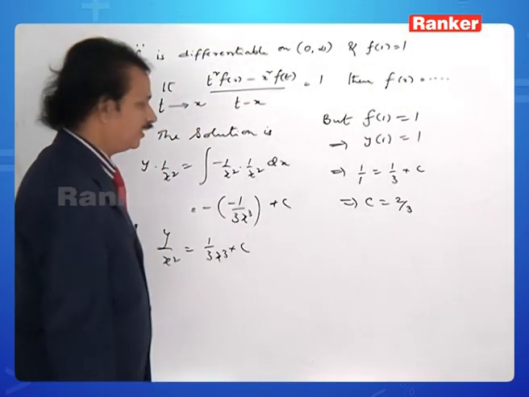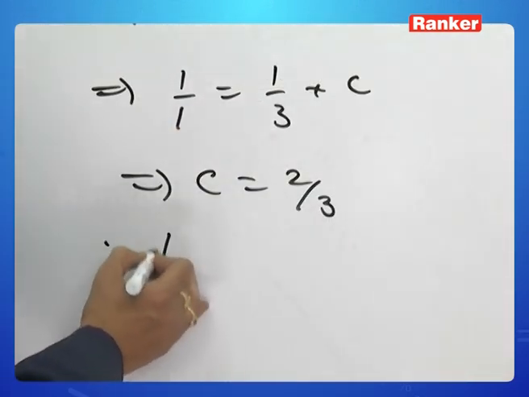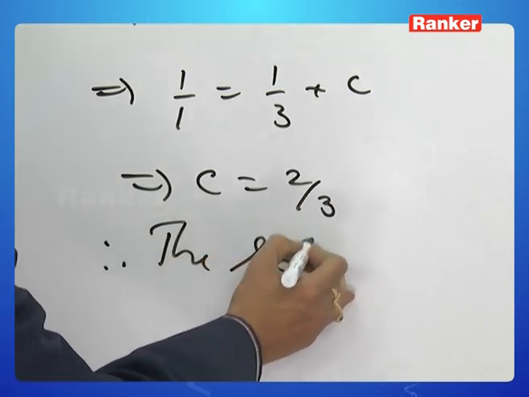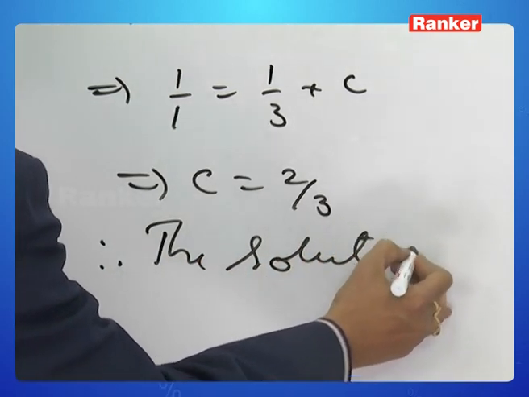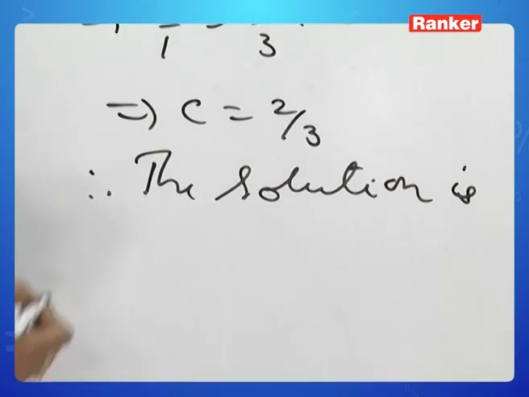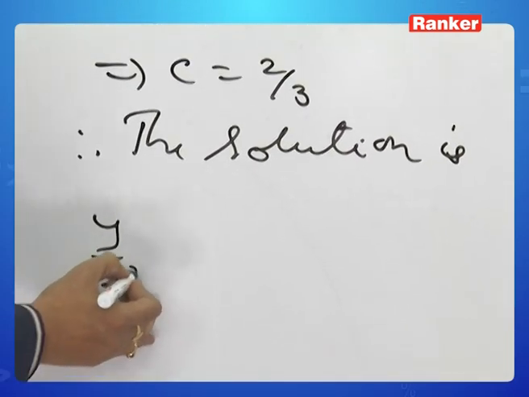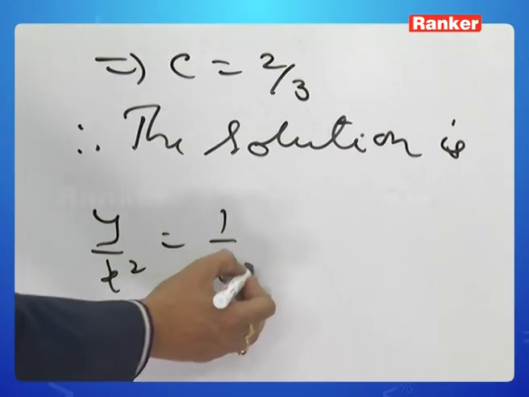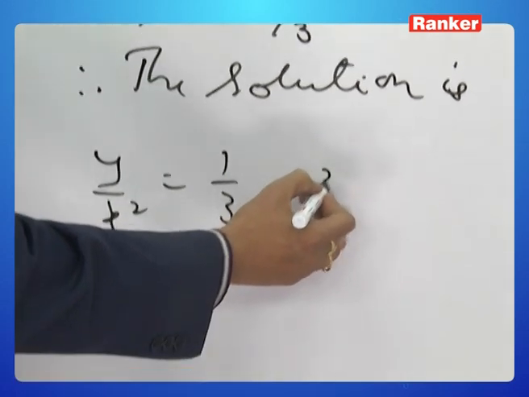Therefore, the solution is y by x square is equal to 1 by 3x cube plus 2 by 3.